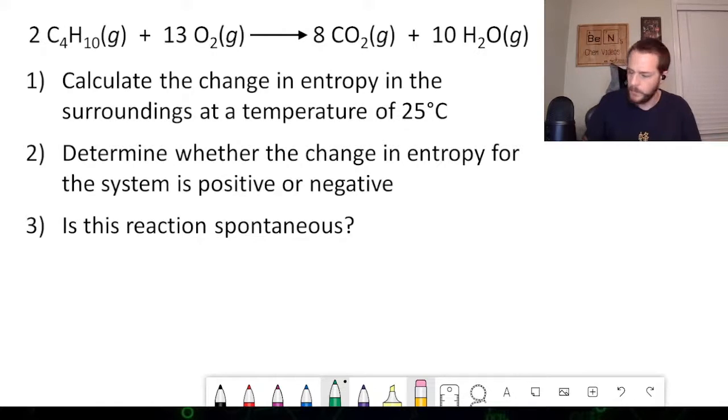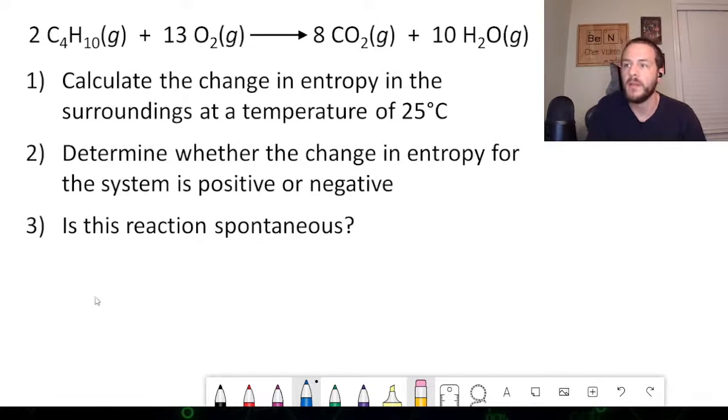All right, so the first part of the question says to calculate the change in entropy of the surroundings at a temperature of 25 C. Earlier we derived the equation for how to do this.